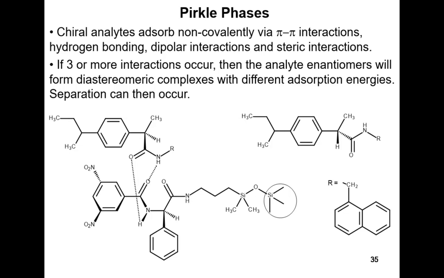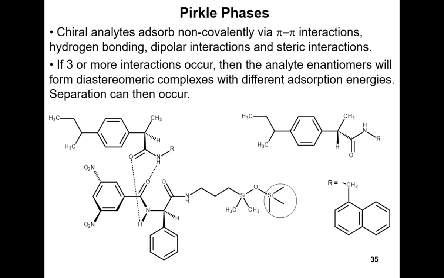It's just going to bump into the stationary phase surface, and that would mean that the amide group was flipped over to this position, pointing back the way, and that might potentially weaken hydrogen bonding, or it may mean that it could hydrogen bond to this amide group, and that might be stronger. But the key point is it's going to be different because it's a precise three-dimensional shape. The way that the various different functional groups all come together is going to be different for the two different enantiomers.